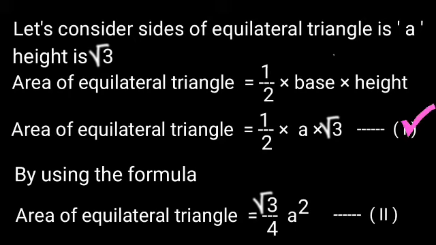By using the formula of area of equilateral triangle, the area of equilateral triangle is equal to under root 3 upon 4 a square. That is our second equation.